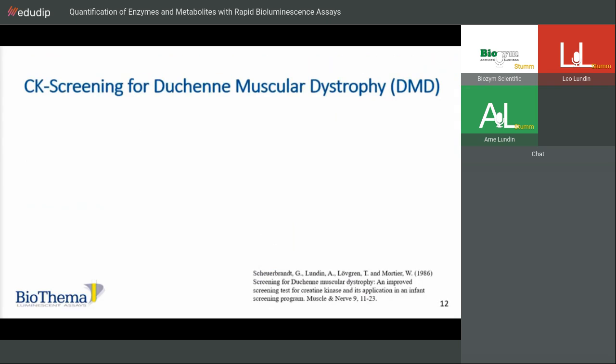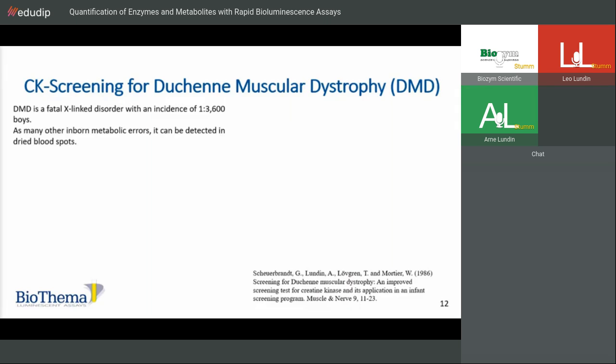We have also used the CK assay for screening for Duchenne muscular dystrophy, DMD, which is a fatal X-linked disorder with an incidence of 1 in 3,600 boys. As many other inborn metabolic errors, it can be detected in dry blood spots.